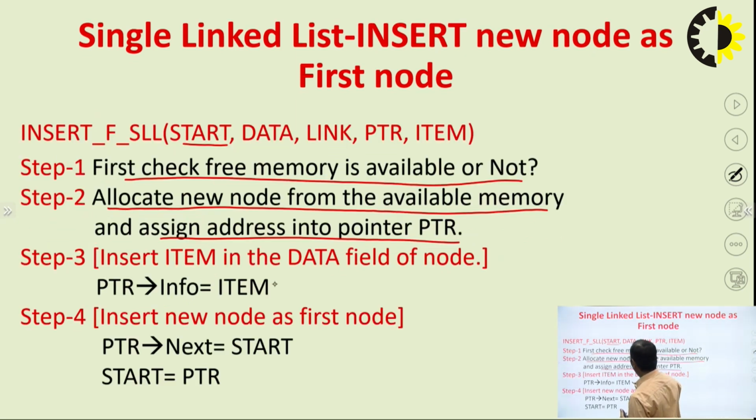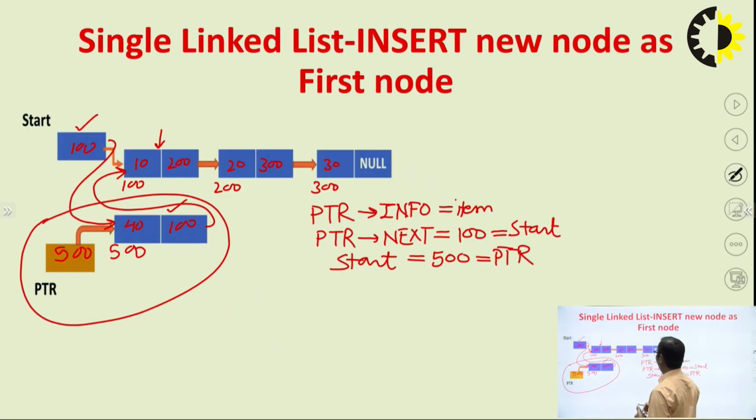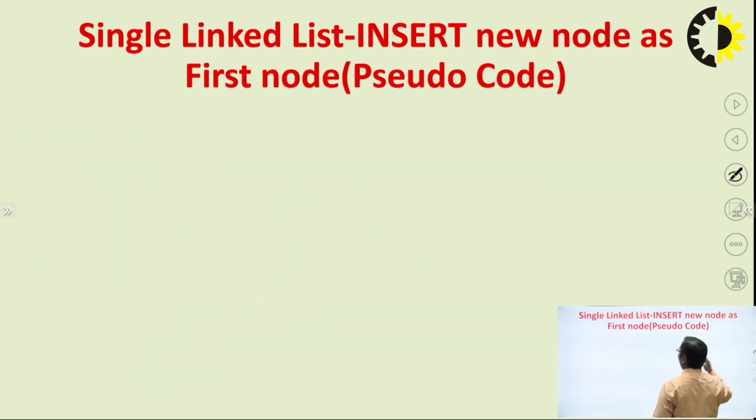Now the information field of ptr, the newly inserted node, will contain the item which we want to insert. Now what we have to change? Ptr arrow next equals to start, and start equals to ptr. That we have done in the previous slide. So here we have covered the case of inserting a node as a first node in the single linked list.